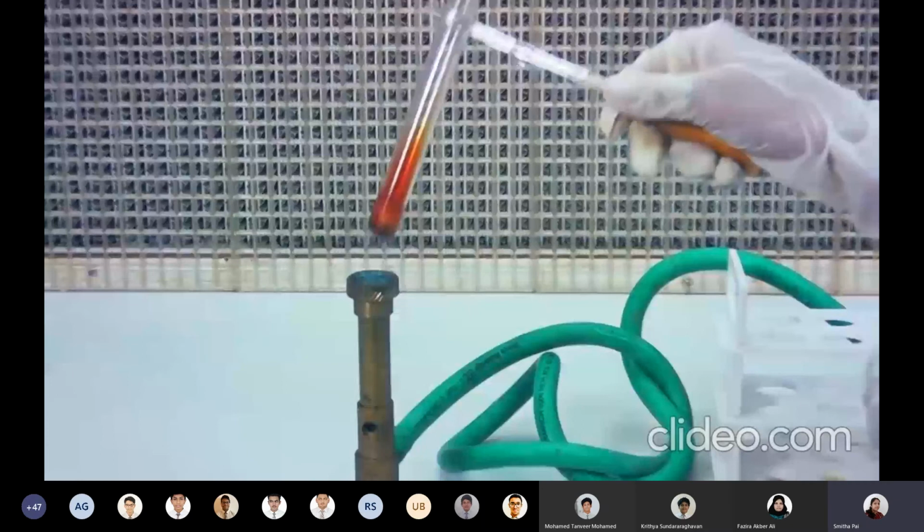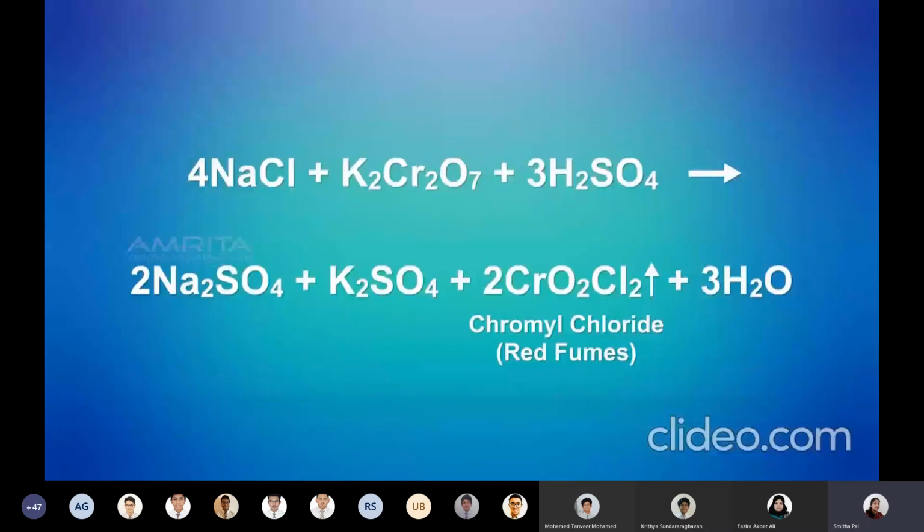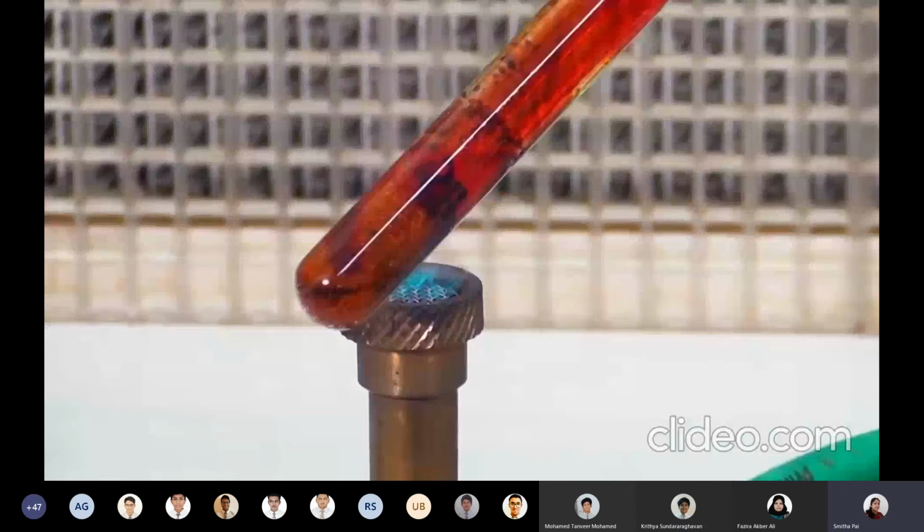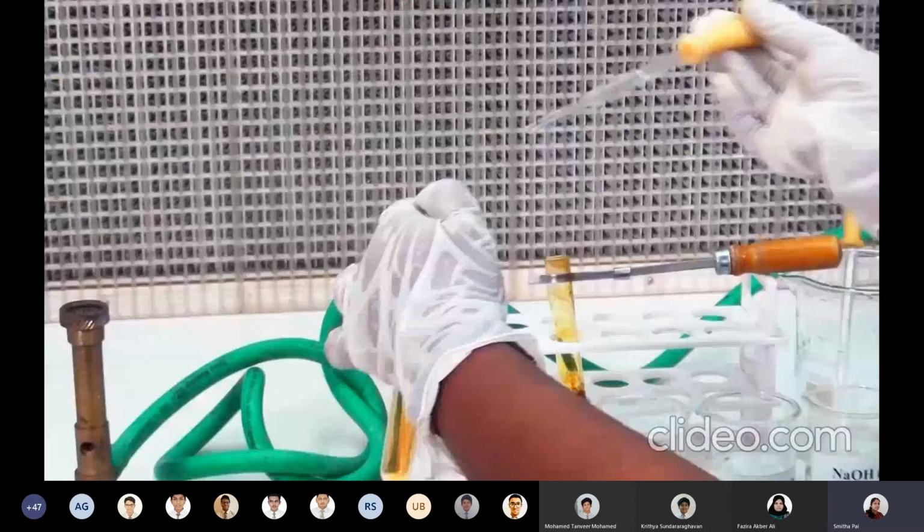Chloride reacts with potassium dichromate and concentrated sulfuric acid to produce red vapors of chromyl chloride. Now, cover the test tube containing the mixture with an empty test tube to collect the red vapors. Then, add a small volume of sodium hydroxide solution to the test tube filled with red vapors using another dropper.